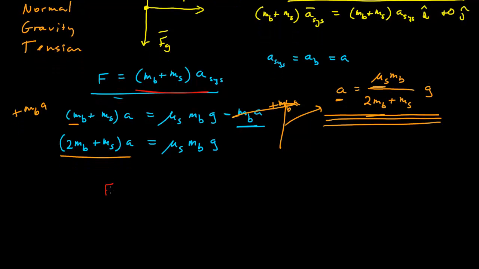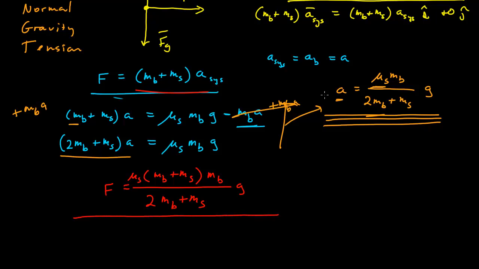And so the force then is equal to the total mass of the block plus the mass of the sled, times the mass of the block, coefficient of static friction, if I bring that out front, over twice the mass of the block plus the mass of the sled, times G. We just substitute A into here, and since this acceleration is the same as the acceleration of the system, we can find the force. All right, so that's the maximum force.